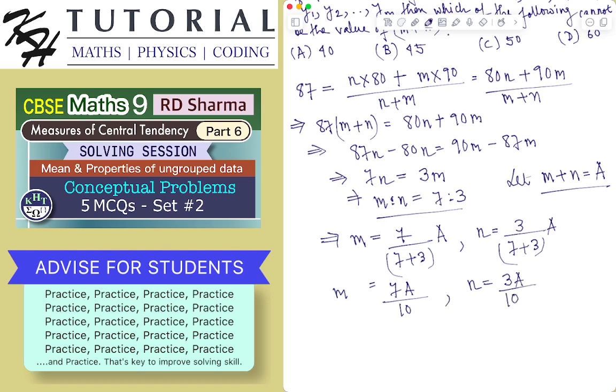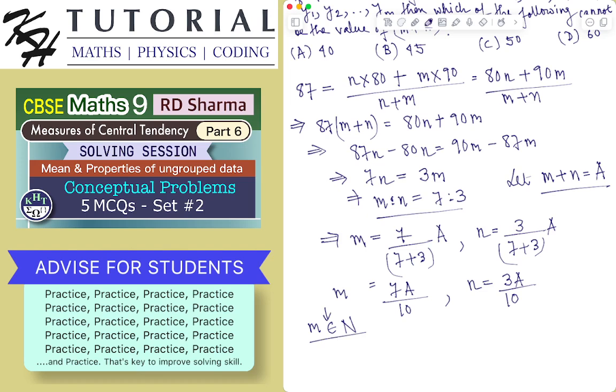Now remember, both small m and n have to be natural numbers because they are numbers of observations. This means that a has to be a multiple of 10. I am using some set notation: capital N denotes the set of natural numbers, and m belongs to N means that m is a natural number.